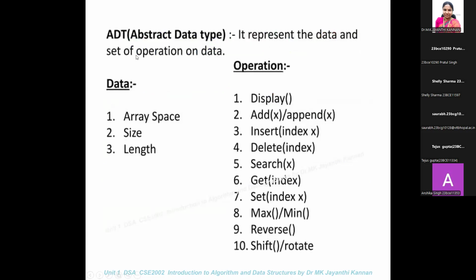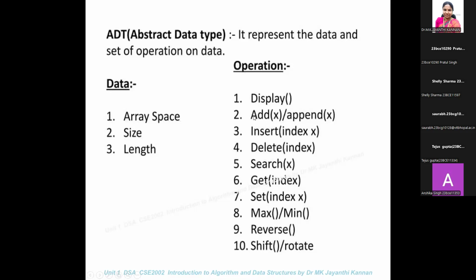If you take the abstract data type, it represents the data and the set of operations on the data. Say the data is in an array space. The array has the size of the array and the length of the array. And what operations can we perform? We can display the array, we can add elements into the array, or we can append elements at the end of the array, or we can add elements in between the array.